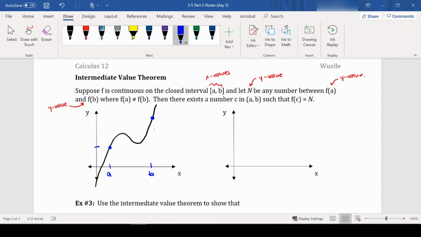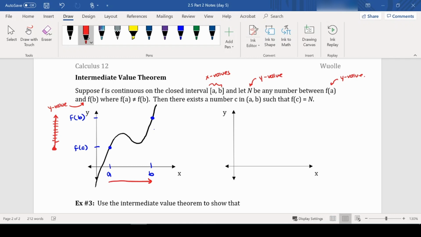That means this value here is f of a, and this value here is f of b. So this is continuous. So what this means is if I want to start at this y value and work my way up to this y value, I must pass every other y value in the middle, right? And I must do that as I'm continuing along my interval.